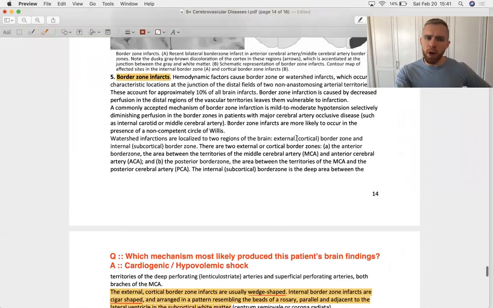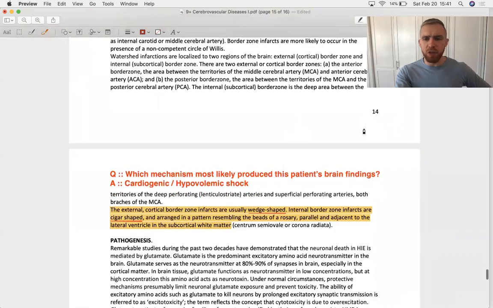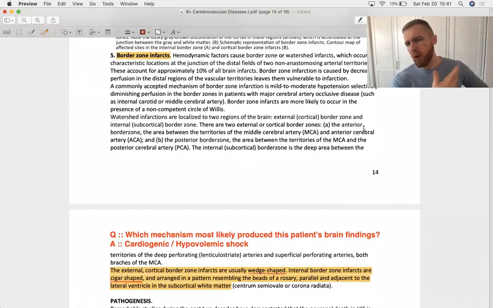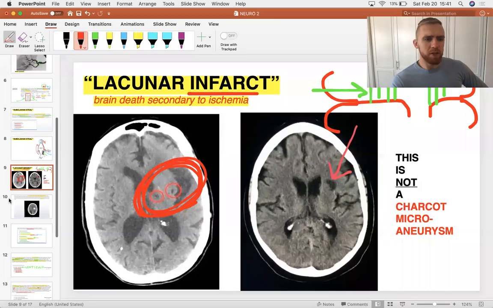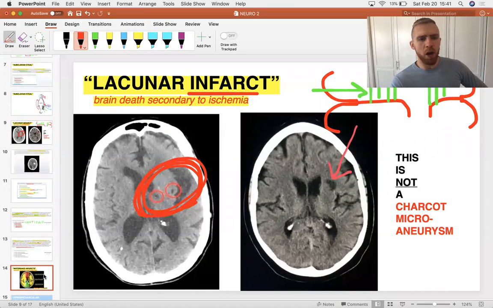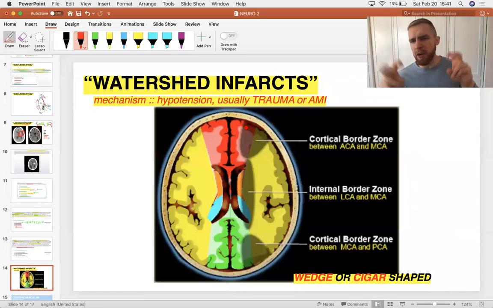Border zones, you want to know border zones. They love to ask you questions about maybe what symptoms would this patient show, or what's the mechanism of this patient's findings. Let's talk about what the border zones are. They're areas of in-betweenness. So you've got an ACA territory and an MCA territory, and in between is this kind of shared community area that is both ACA and MCA, but really none of much either.